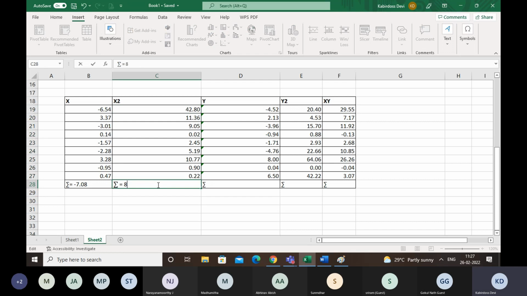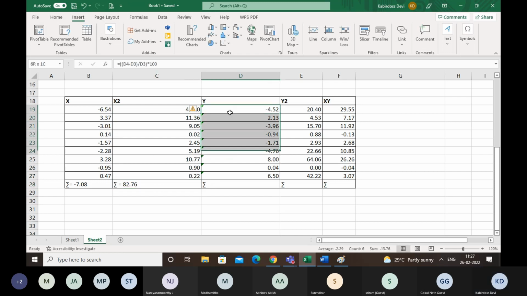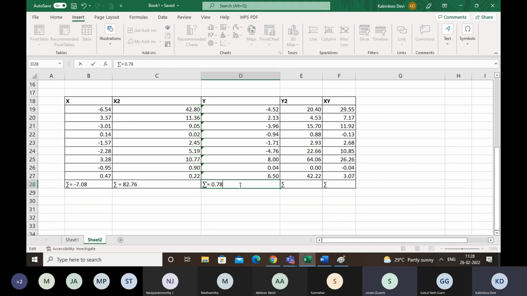You can copy it, you can work it out later also. 76, and here it is 0.78, which is positive, and here it is 173.39.